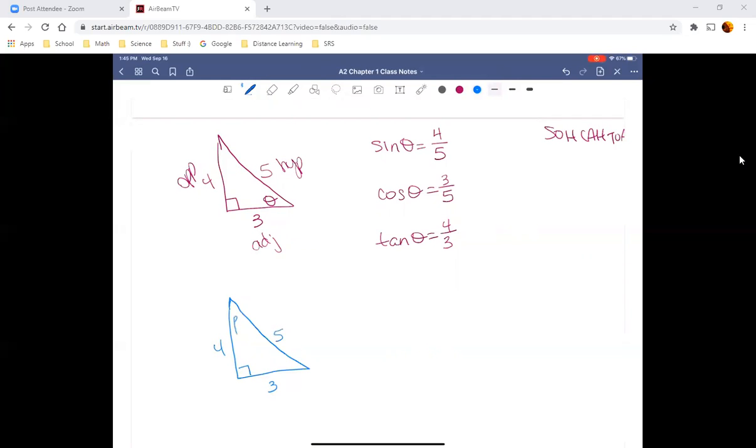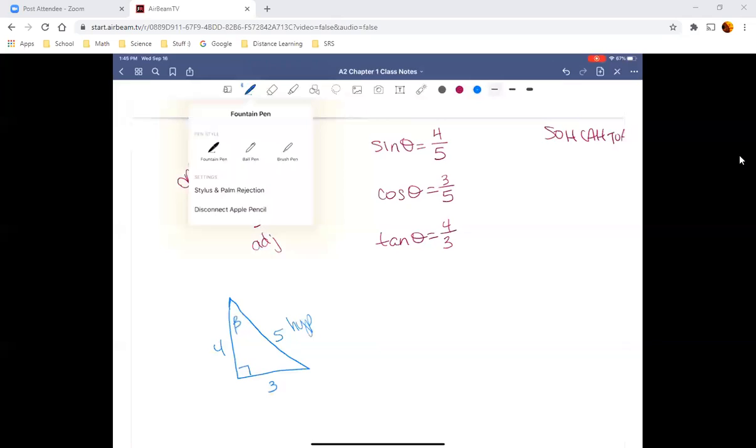But maybe I change it and I want to look at the angle up there. So we call that beta, little Greek letter. It's just got a little tail down for the bottom. So I can do the same stuff, but my sides are going to change, right? If I look for those opposite, adjacent, and hypotenuse, my 5 is still going to be the hypotenuse, right? That's not going to change.